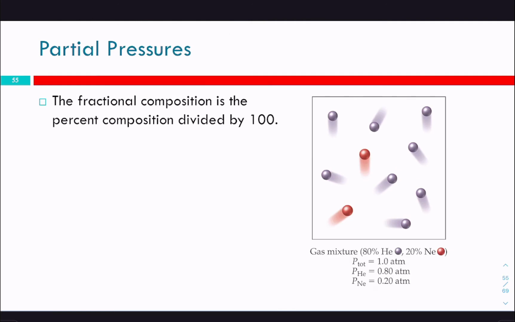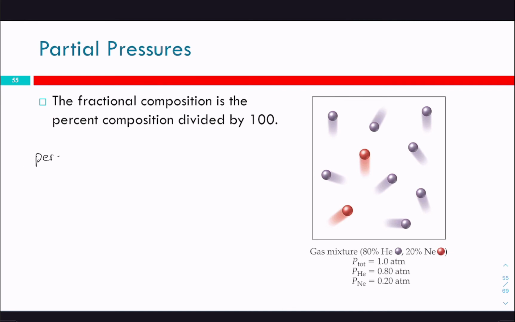So the fractional composition, and you might remember this going back to calculating the atomic masses that we see on the periodic table, we have to use the fractional composition, meaning the percentage divided by 100. So here, let me do it like this.